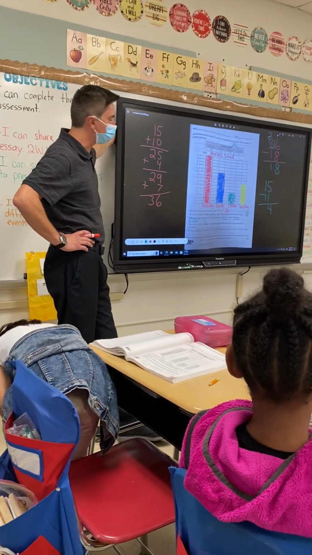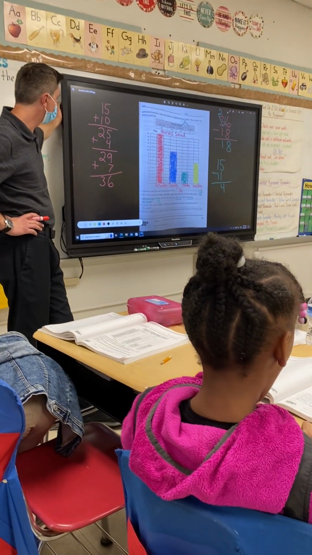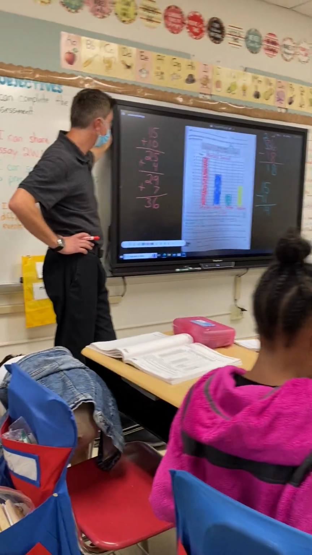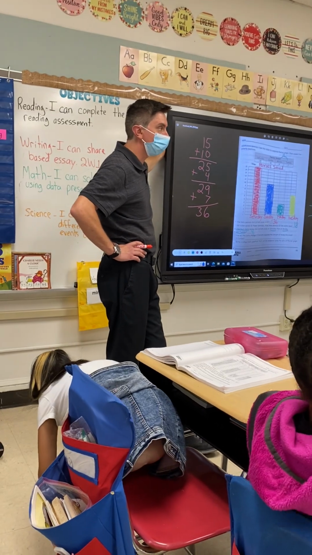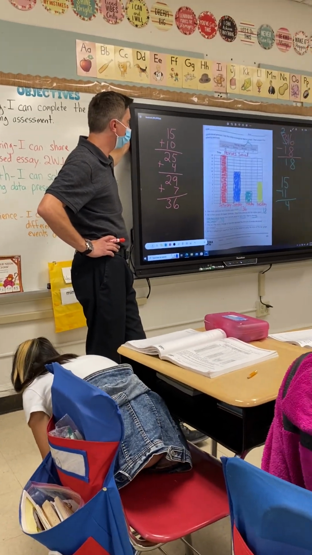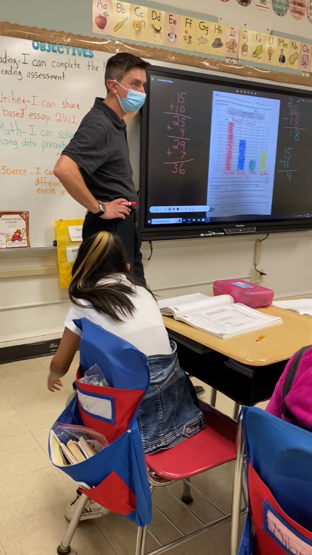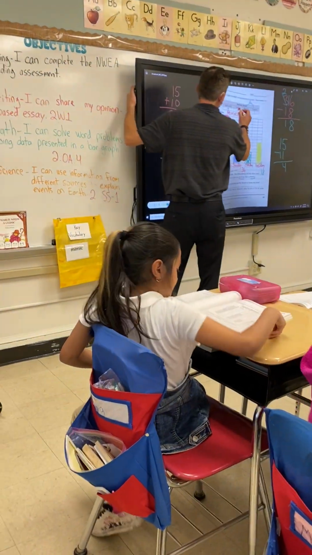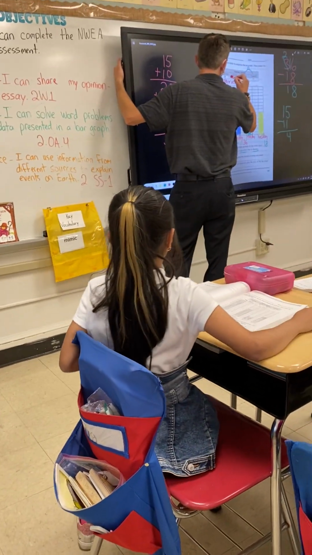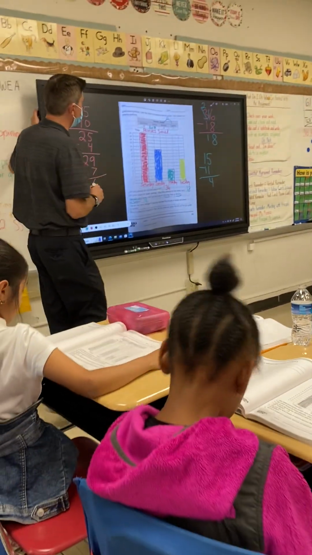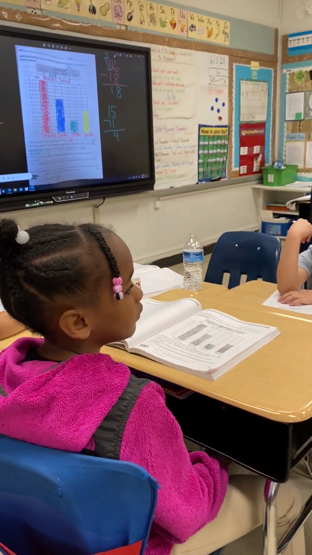How much money did she save on Sunday, Haley? And what will the number be if we double 10? Good. So the question's asking, how will the numbers change if she saves 20 on Sunday instead of 10?